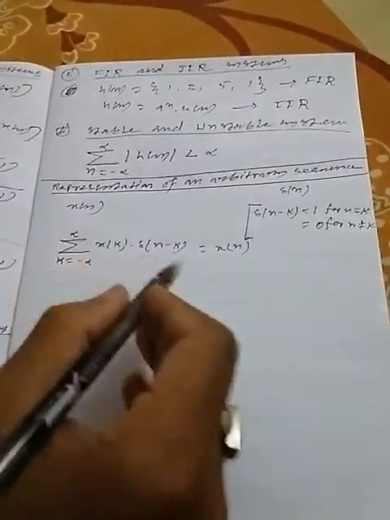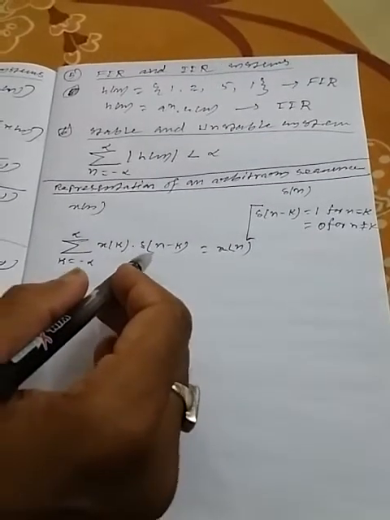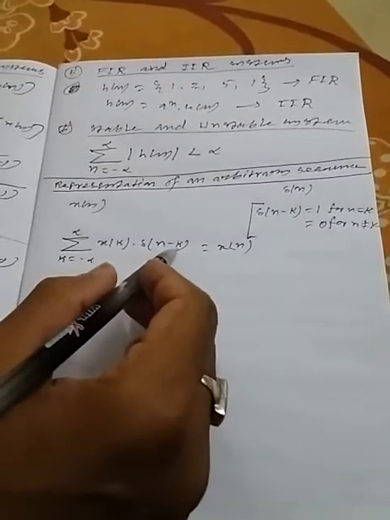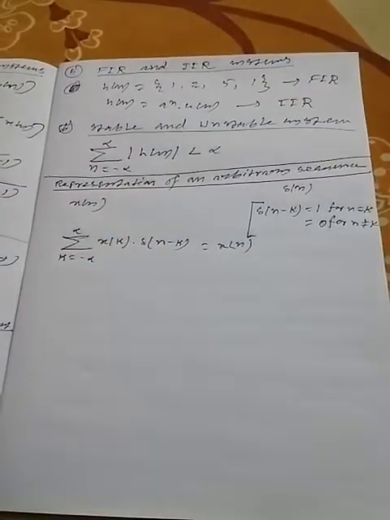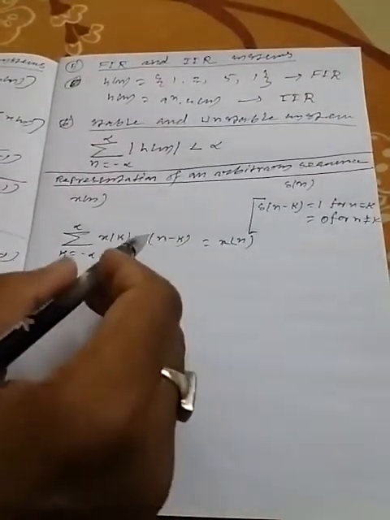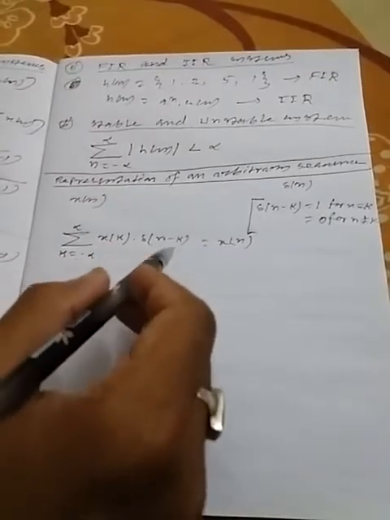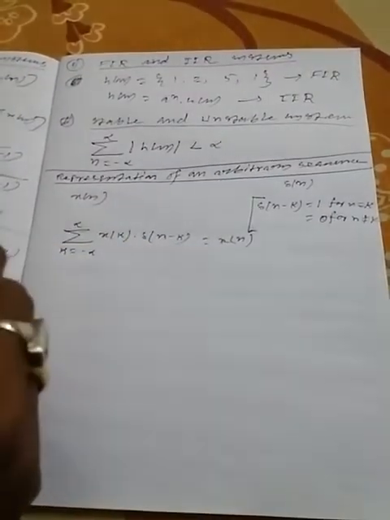Why is it x[n]? Because we know delta[n minus k] is equal to 1 only when k equal to n. So when k equal to n, then only delta[n minus k] equals 1.